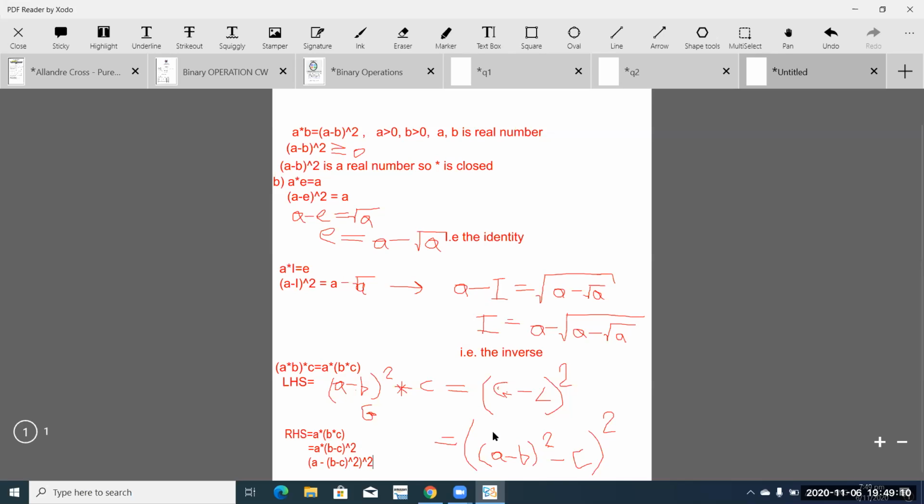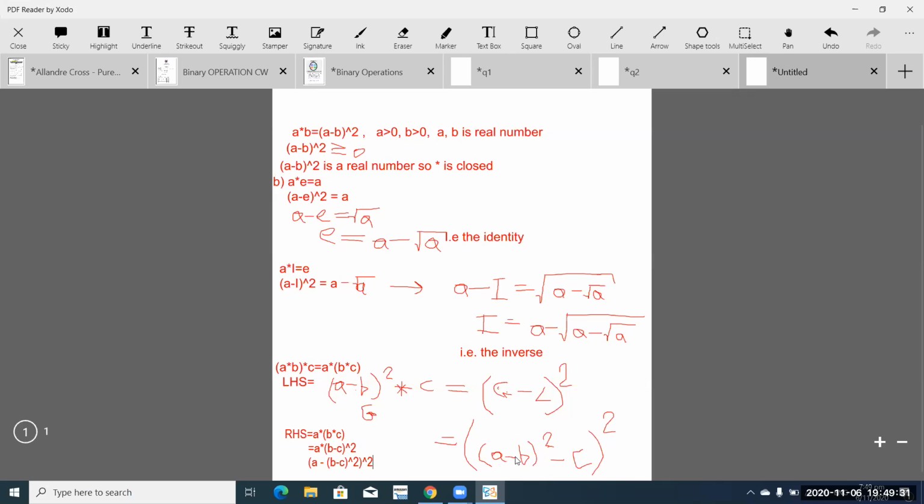Now comparing the left-hand side and the right-hand side, is star associative? No, these are not the same thing. And how you can determine it is you can give them values.